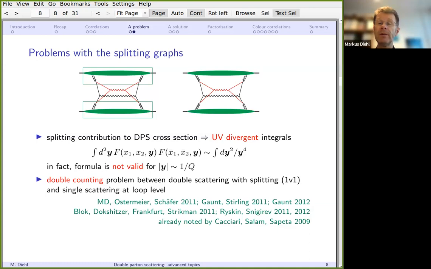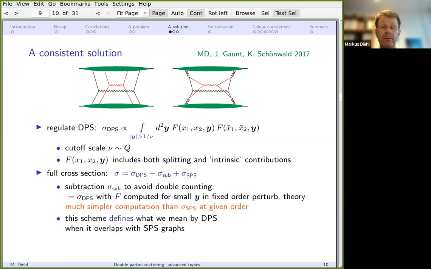As so many things, even if you go back to factorization, what you put inside your parton distributions and call proton structure, and what you put in the hard process depends on the factorization scale. And if you change that, you change what you mean by parton structure. And the same story holds here.